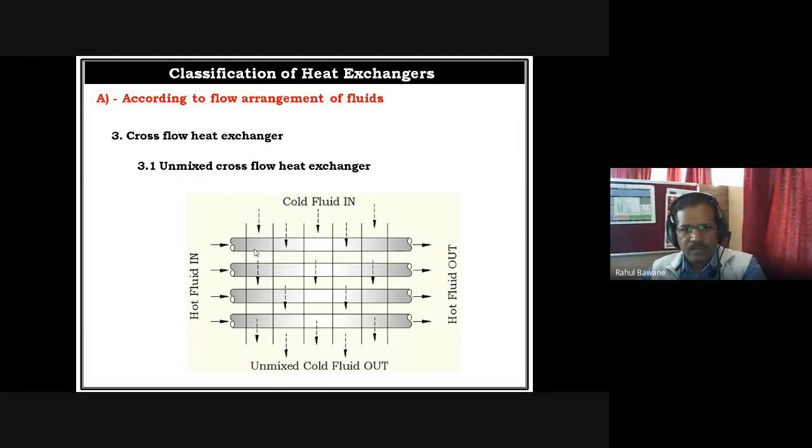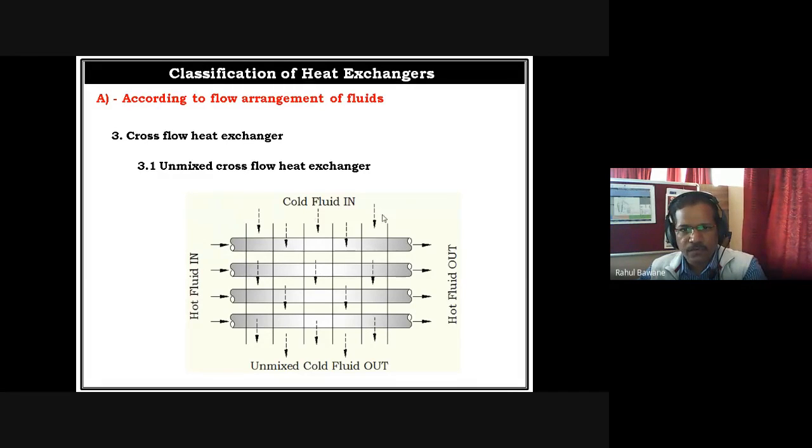Now in this particular heat exchanger, the hot fluid enters the pipe section, and throughout the pipe section it travels in the same stream. So this hot fluid cannot be mixed with the fluid of the second tube or third tube. A particular portion of fluid flows through its respective tube only. That means the hot fluid is not mixing with other hot fluid tubes.